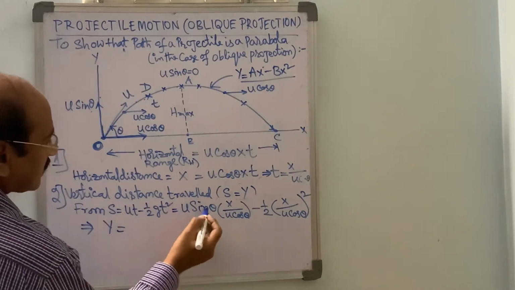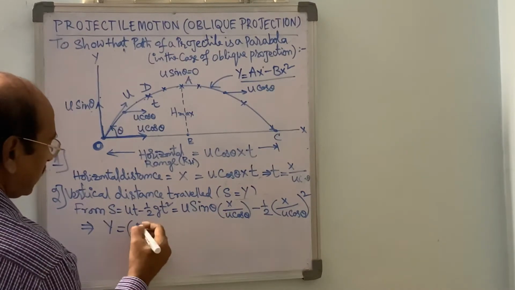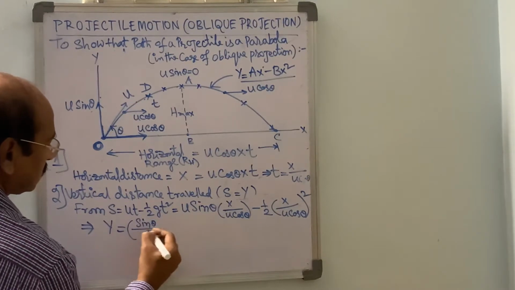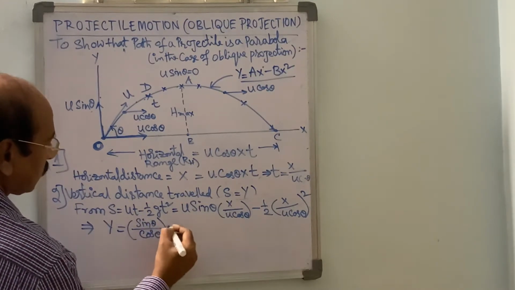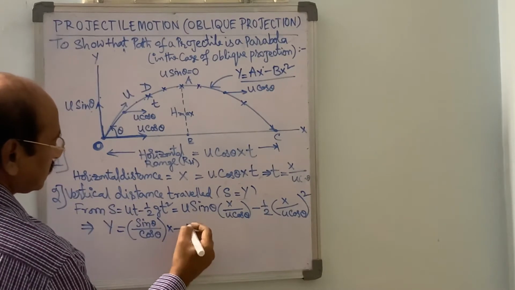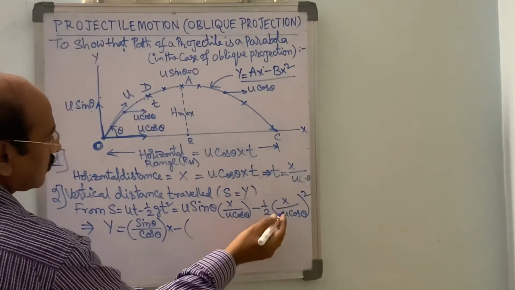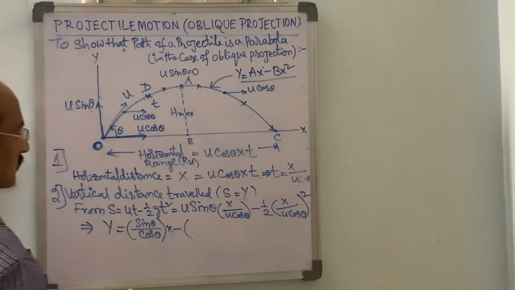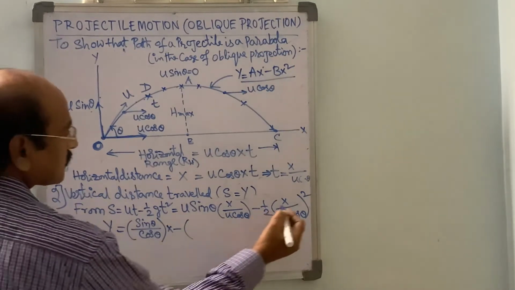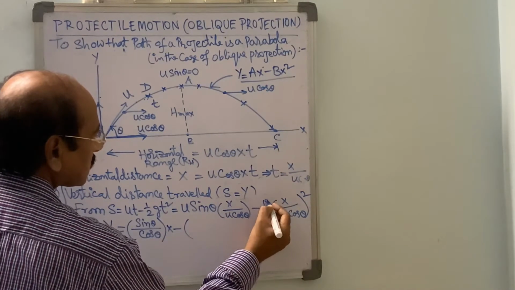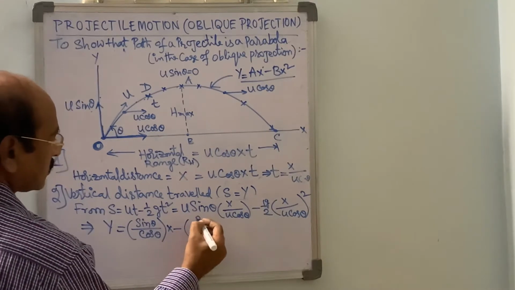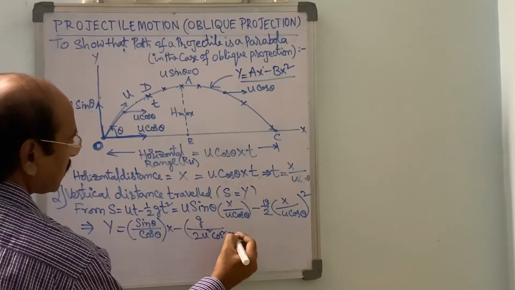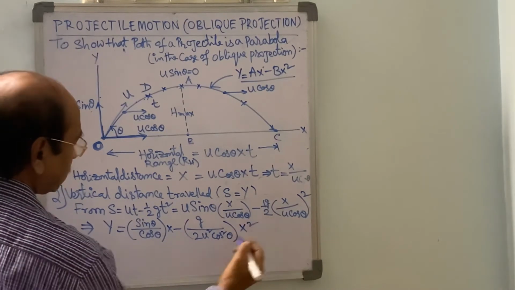So u gets cancelled, sin theta by cos theta is equal to tan theta, into x, minus 1 by 2, g by u square cos square theta into x square.